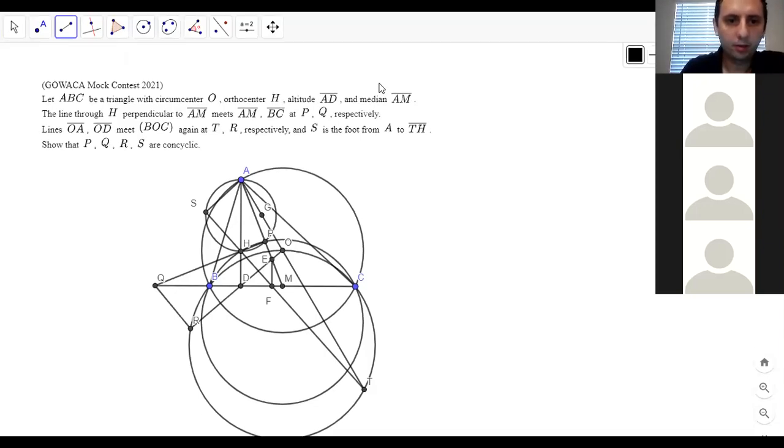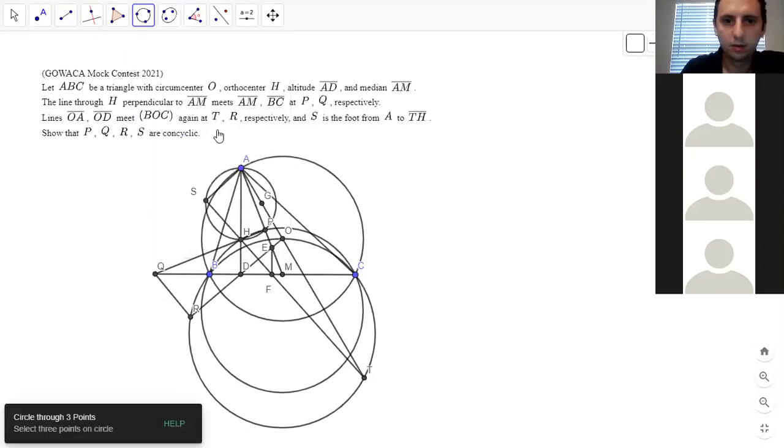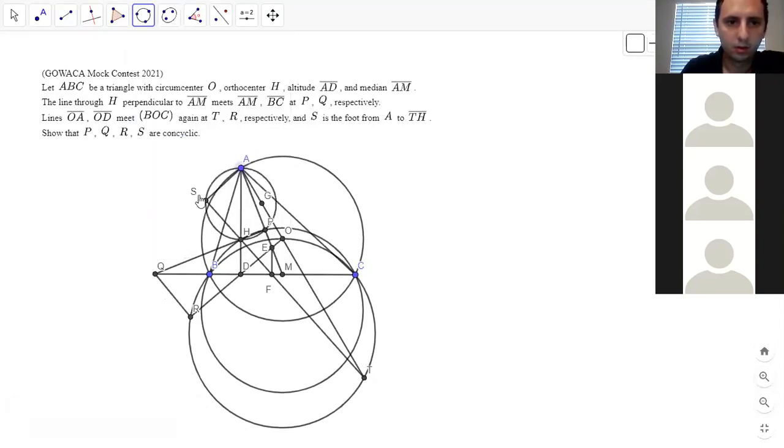Is ASRT also cyclic? Let's see. Yes. Interesting. So angle ART is 90 degrees. Can you delete the circle with diameter AH? With diameter AH, yeah, I can delete that.